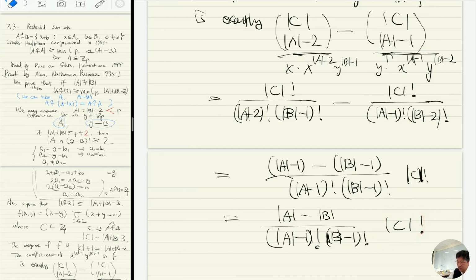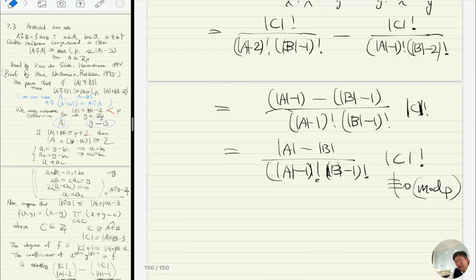So this is not a multiple of P. So therefore this is not a multiple of P. This means that the coefficient of that term is non-zero. So we can use the combinatorial Nullstellensatz.